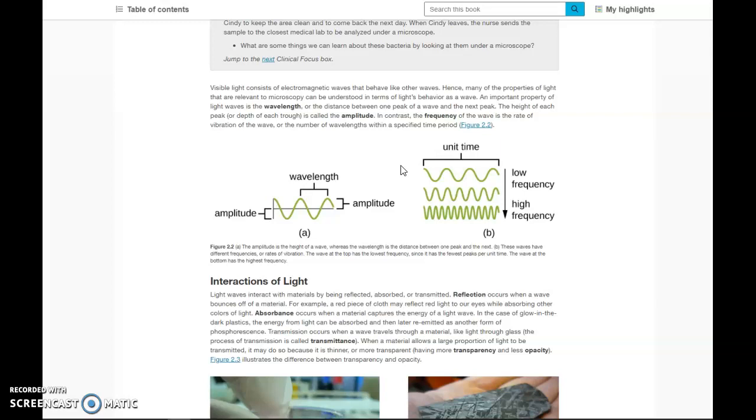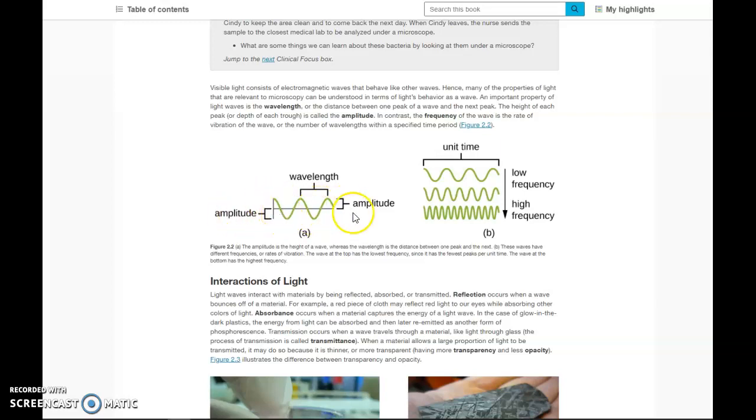When we look at light, and in particular visible light, because that's what we're concerned with, it contains waves that behave like other electromagnetic waves. So visible light behaves in the same way as X-rays or radio waves or television waves.